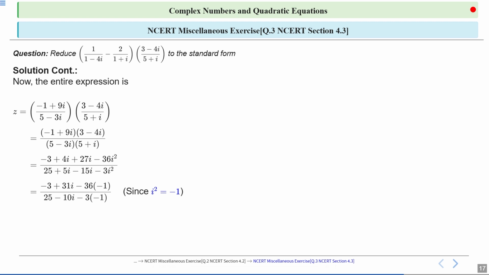So the numerator becomes minus 3 plus 31 times iota minus 36 times minus 1, and the denominator becomes 25 minus 10 times iota minus 3 times minus 1. After combining like terms, the numerator is 33 plus 31 times iota, and the denominator is 28 minus 10 times iota. So our simplified expression is 33 plus 31 times iota divided by 28 minus 10 times iota.